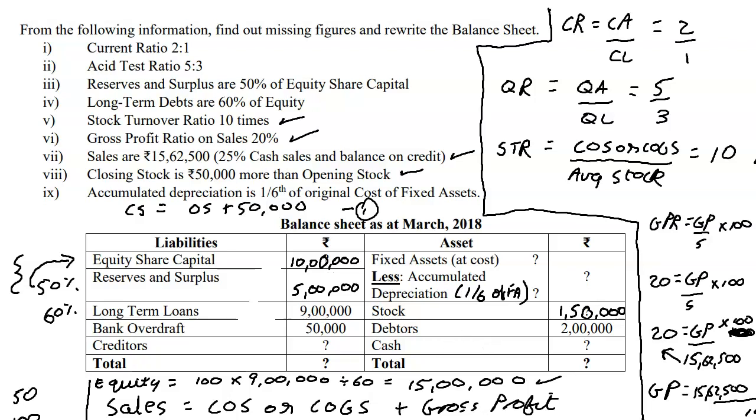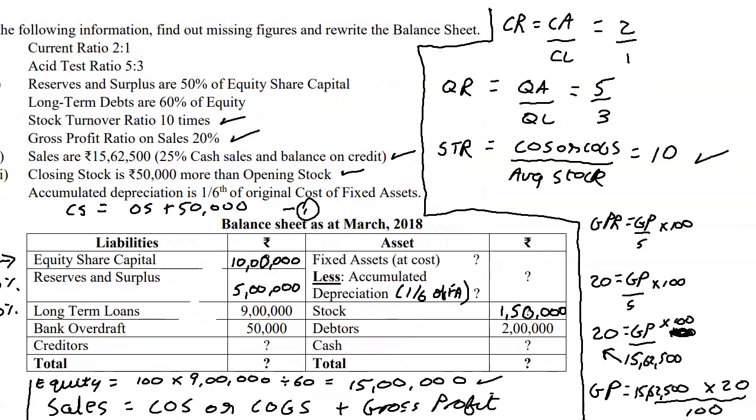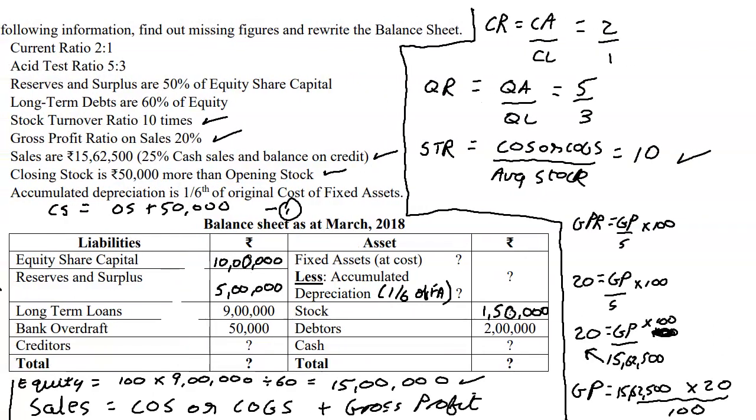Right, so I'm going to go slightly on this side because we need to elaborate exactly what are quick assets and quick liabilities based on the data we have. So first of all, current assets upon current liabilities is equal to 2 by 1. Okay, but the 2 by 1 is equal to what? In the numerator, current assets are only these 3 items: stock, debtors, cash.